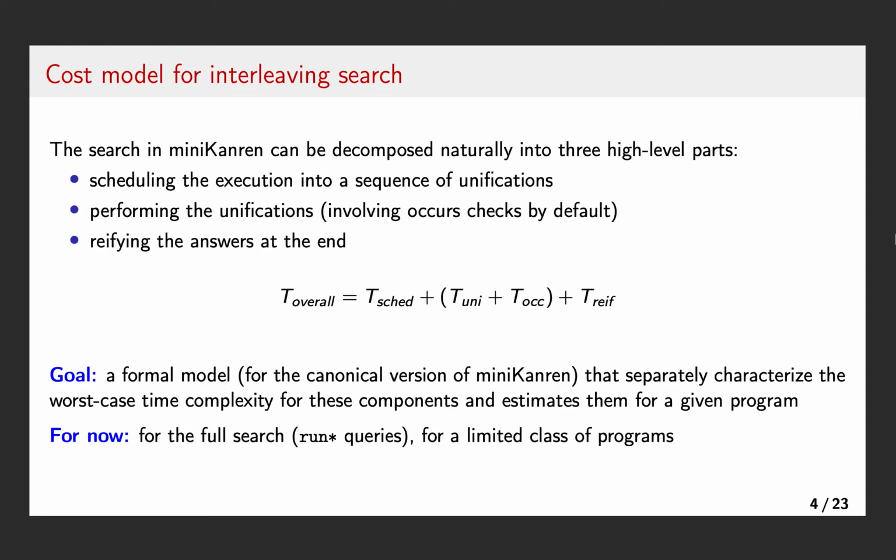For now, we have a model, but it can only be used to estimate the time of the full search, when we're asking for all the answers, and for a limited class of programs, including many practically interesting ones.